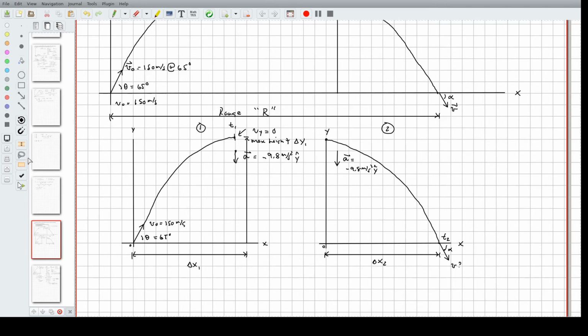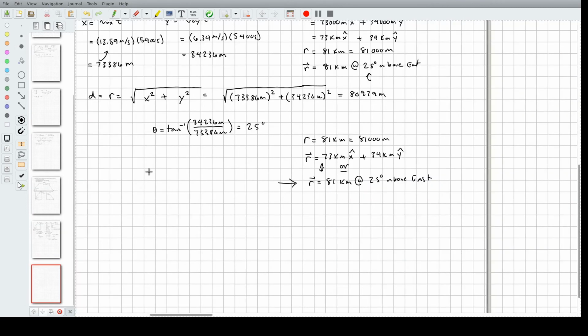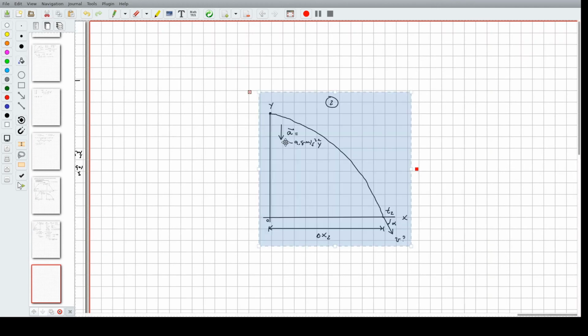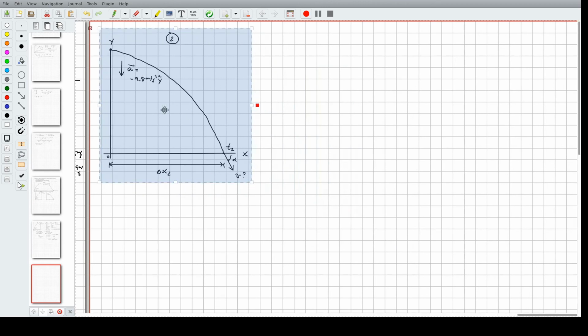So let me snag it. Copy it. I need to add another page. I'll do it here. Let's paste. Move it up over here where we can actually work on it, and get to work.